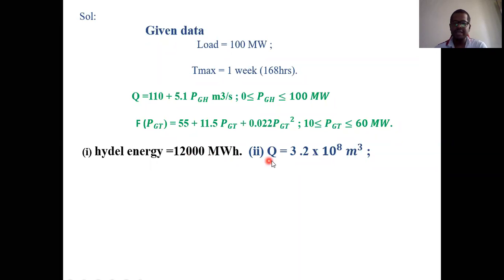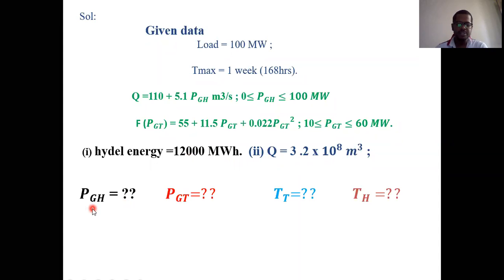So for these 2 cases, we need to find 4 parameters. What are those parameters? PGH, PGT, TT and TH. PGH means power generated in the hydro power plant. PGT means power generated in the thermal power plant. You can also represent this as PS star or PGT star.